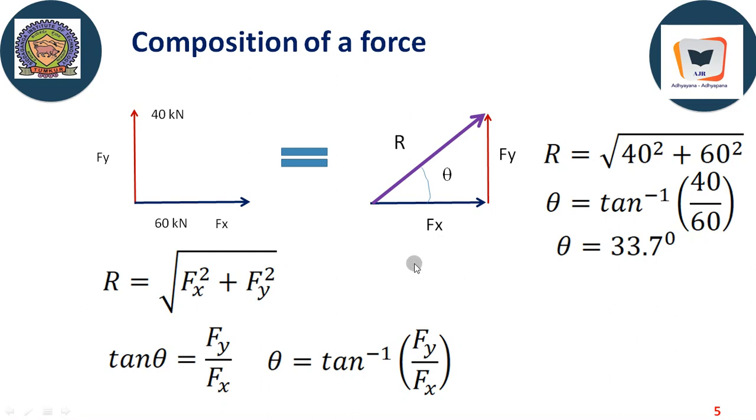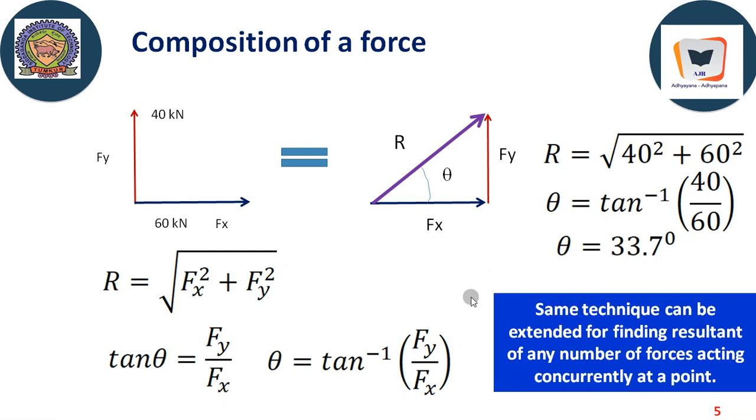When we say a positive horizontal force, it is going rightward, the effect is towards the right. And when we say a negative vertical force, the effect is vertically downwards. The same technique can be extended for finding the resultant of any number of forces acting concurrently at a point. Therefore, this method reduces to finding the resultant of a coplanar concurrent force system.